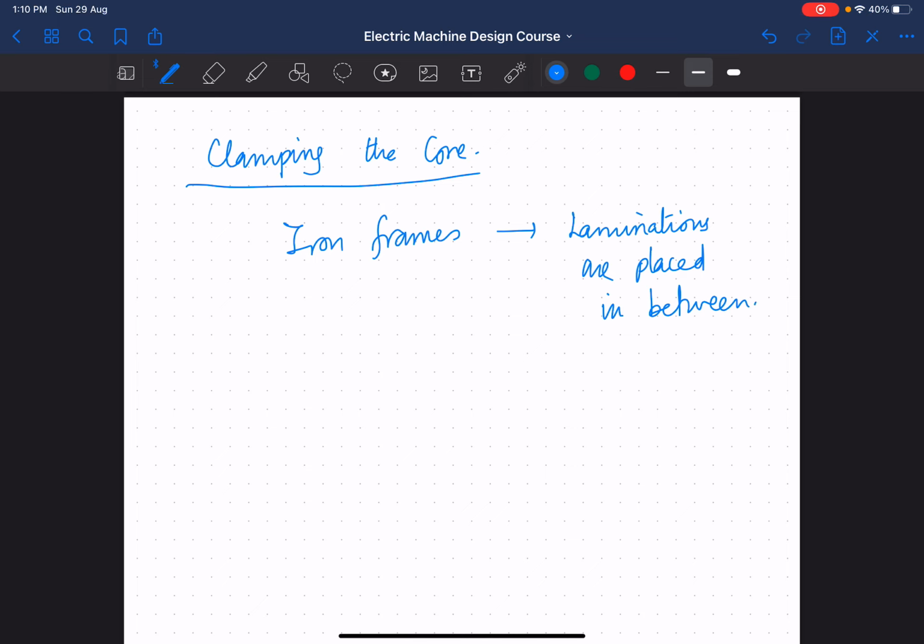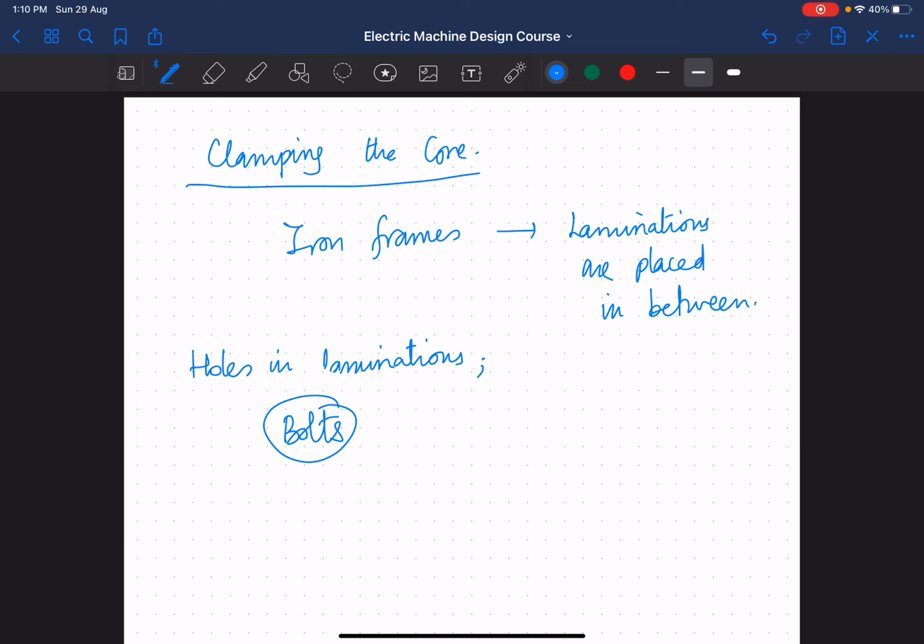What you do is punch holes in the laminations and you have bolts. I'll show you this graphically.